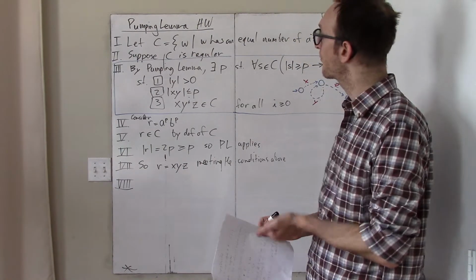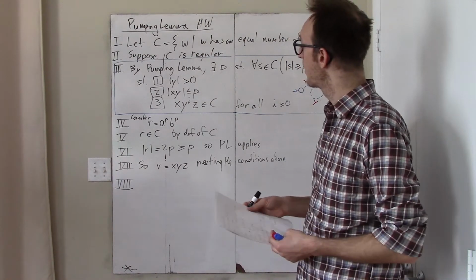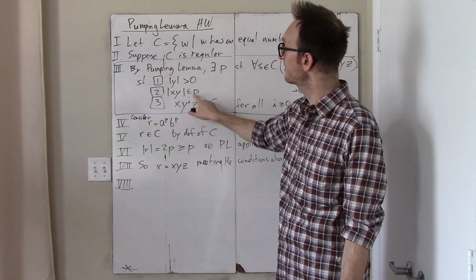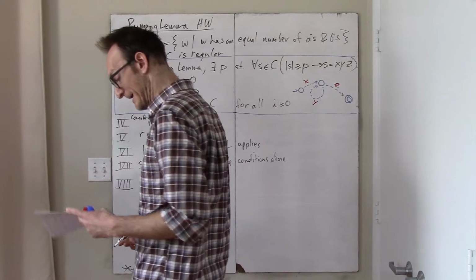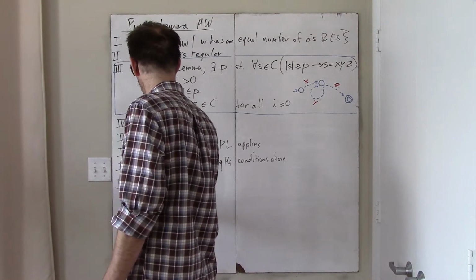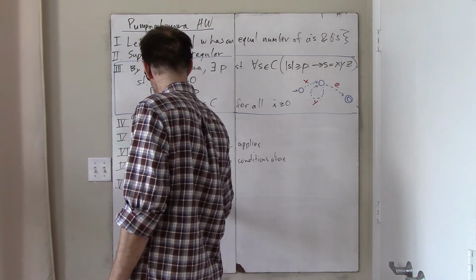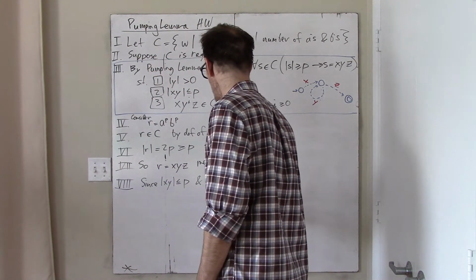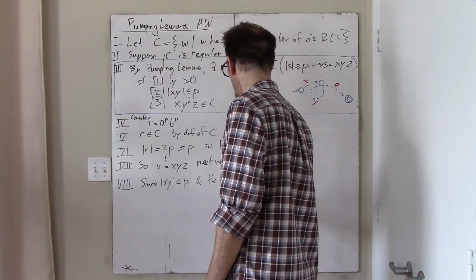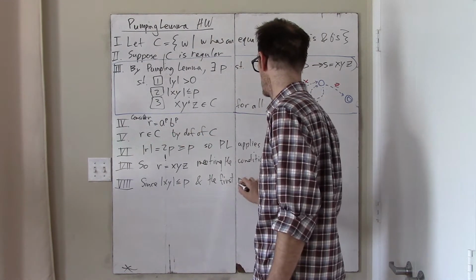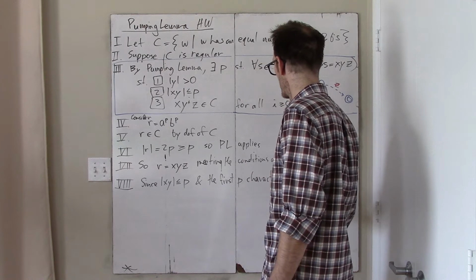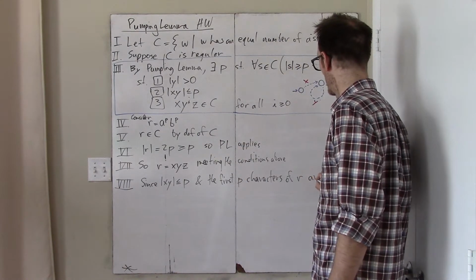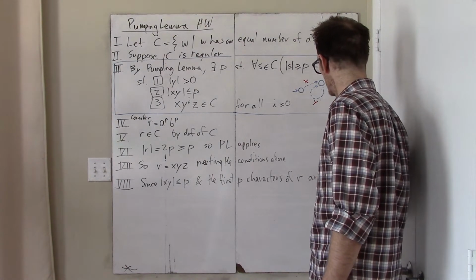So let's perform an analysis on X, Y, and Z. Well, the key thing is that the length of XY has to be less than or equal to P, and the first P characters of R are all A's.